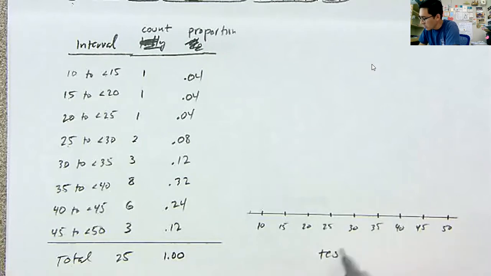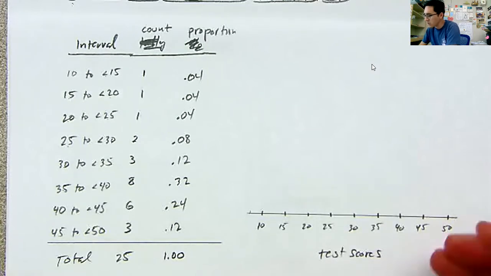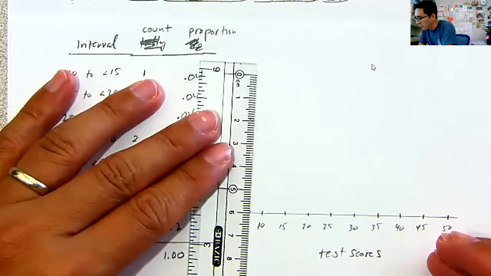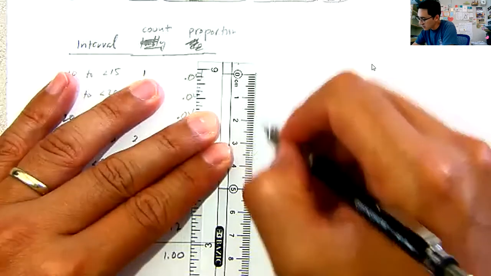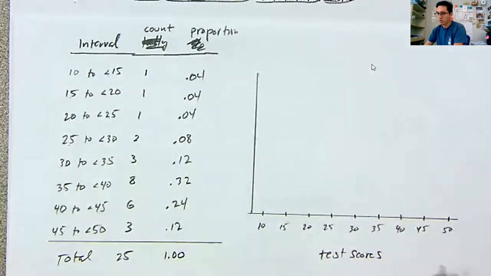And we're going to label this test scores. And then on our vertical axis, we're going to record the proportion or percentage, however you want to display it.